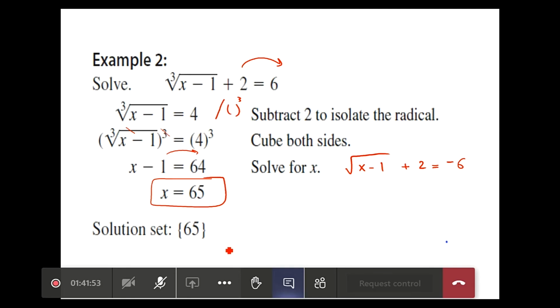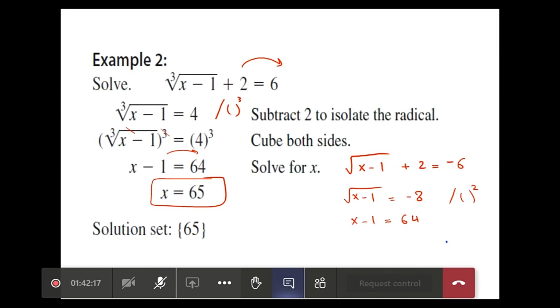We solve it by the same steps. Look at this. x minus 1, put it negative 8, because minus 6 minus 2, negative 8. Take the square for both sides, so we have x minus 1 equal what? 64.